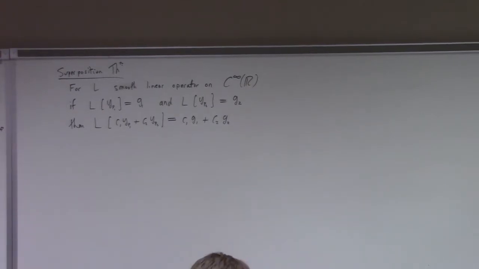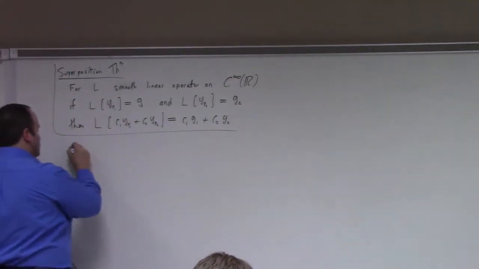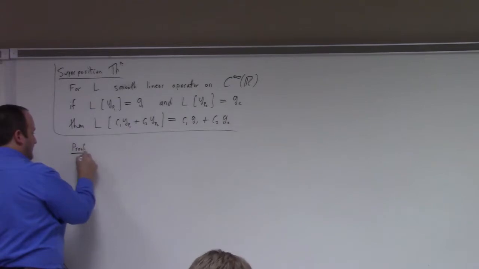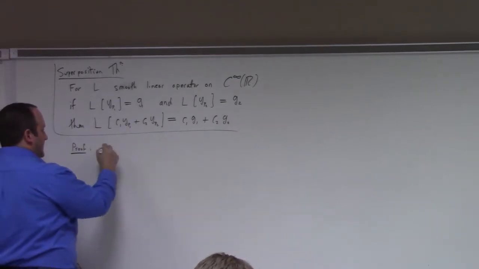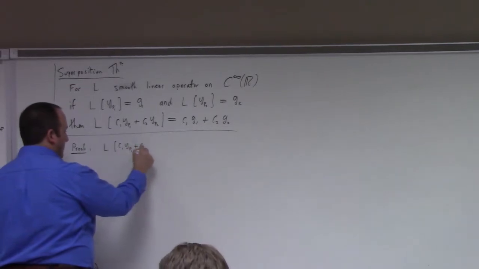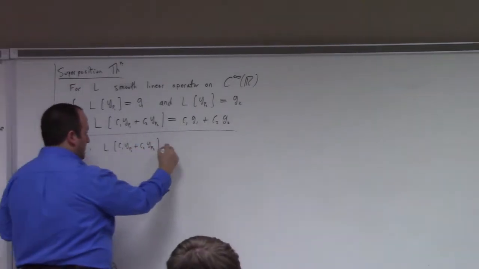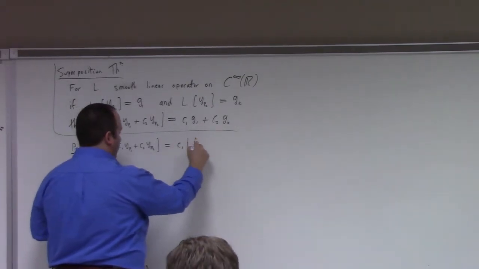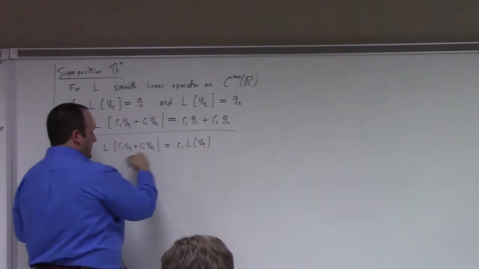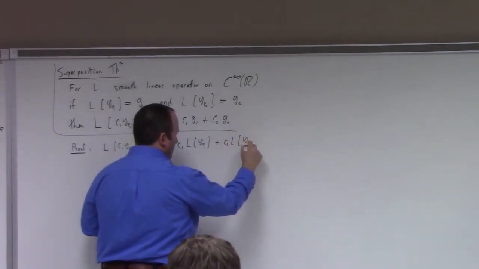The proof of this theorem is like a line, right? How do you prove this theorem? I don't do too many proofs in here, but here it is. It's a linear operator, right? So that's C1 L of yp1 plus C2 L of yp2, right?